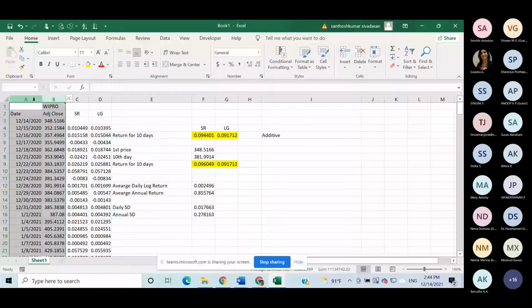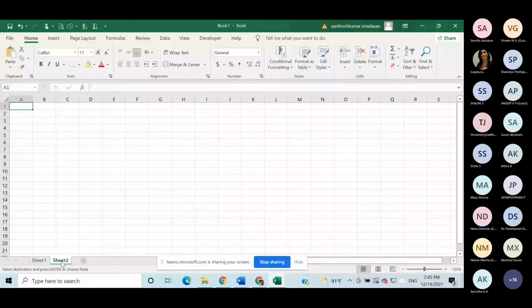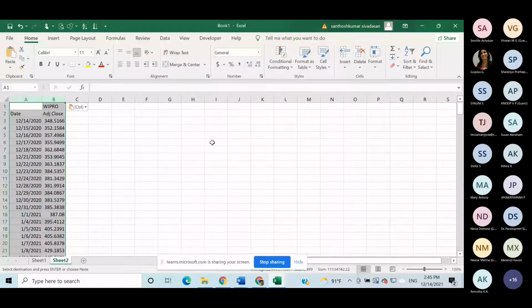So I'm just copying Wipro. We can download 2 more stocks. Let me copy this, Control C. I'm opening another sheet here. Control V, I'm pasting it. So Wipro is there.